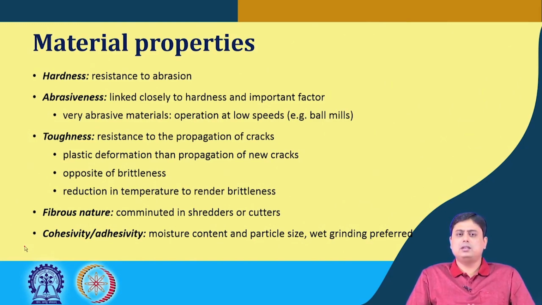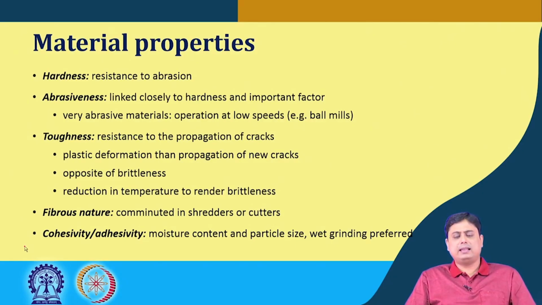In such cases, it is desirable to handle those materials where the RPM or rotation is low. As the example mentioned, ball mills operate at a very low speed of rotation, so such material can be handled in these mills.